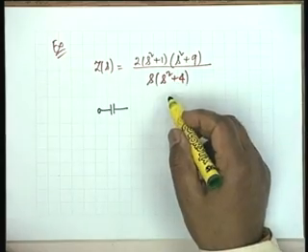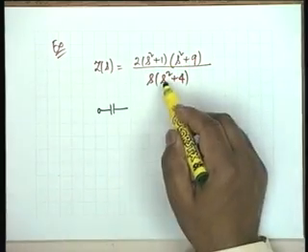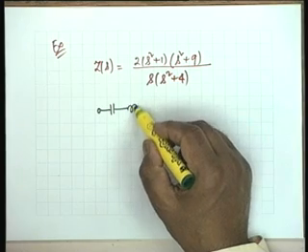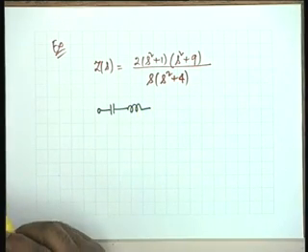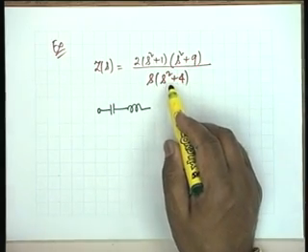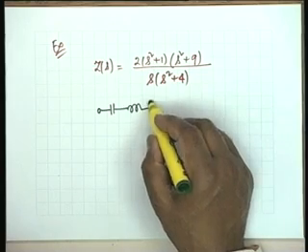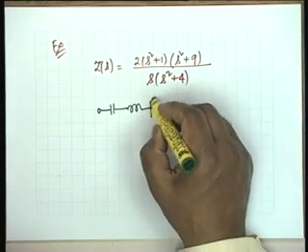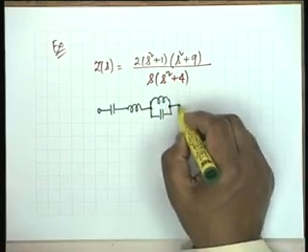Does it have a pole at infinity? Yes, it has. S to the 4th is the highest power against s cubed. So, I must have the inductance also. What else shall I have? In the partial fraction expansion, I shall have a term of the form Ks by s square plus 4, which corresponds to a parallel combination of an inductance and a capacitance. So, this must be my Foster 1.